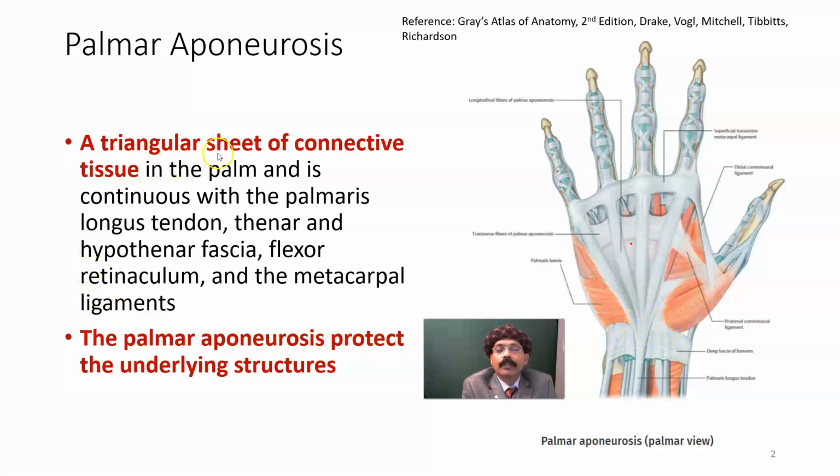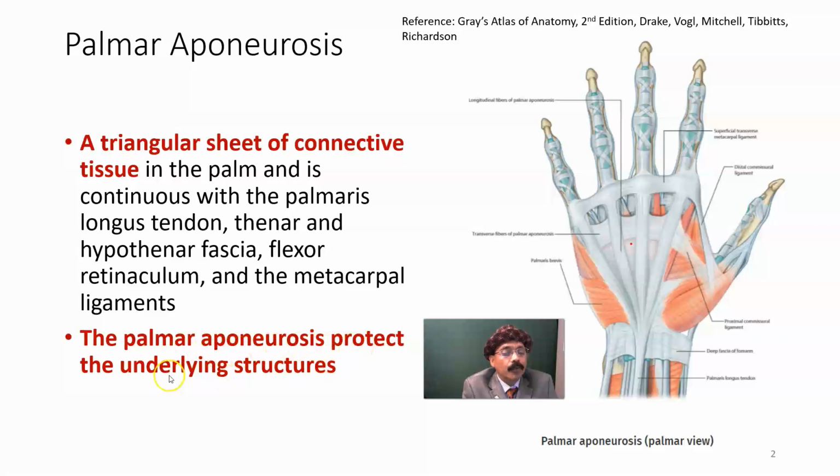The palmar aponeurosis is also connected to the flexor retinaculum and to the metacarpal ligaments. This is the superficial transverse metacarpal ligament, which is also connected to the palmar aponeurosis.